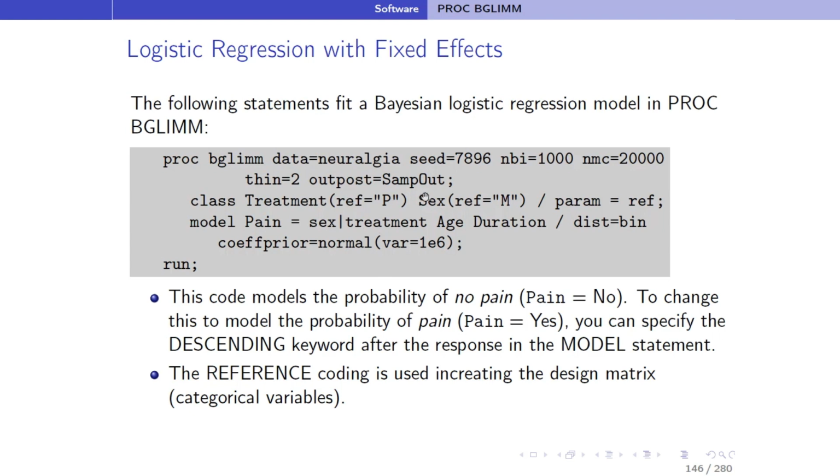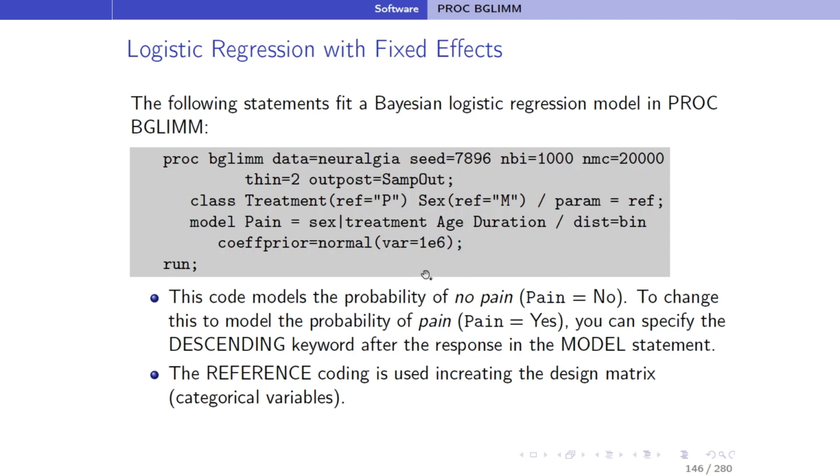You can see the treatment and gender are class variables, specified with a reference level, and age and duration are continuous variables. The distribution is binomial, and the coefficient prior, the beta prior, is normal with mean 0 and variance equal to 1e6.